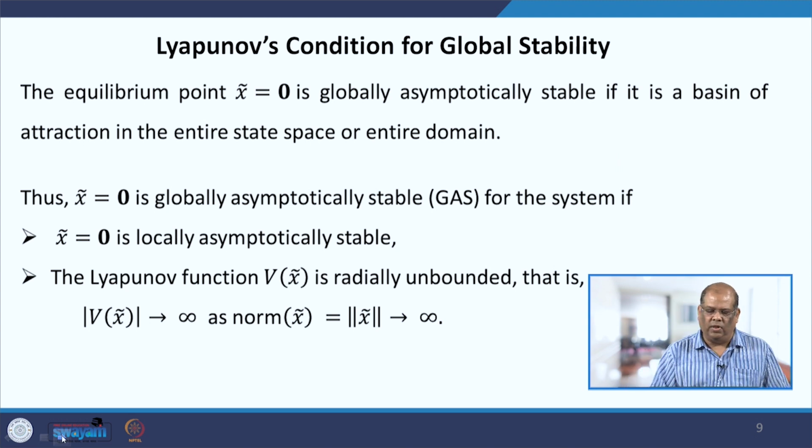Before that, this is the Lyapunov condition for global stability. Whatever we have studied previously was local stability.